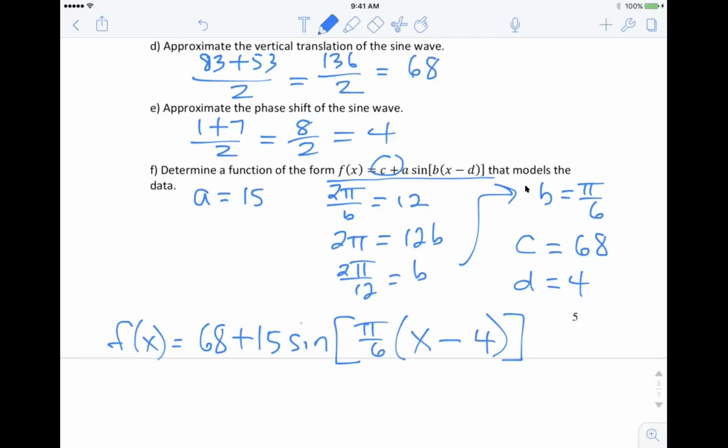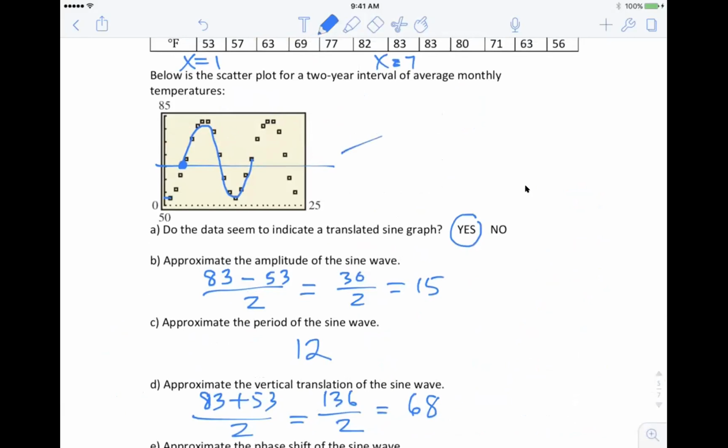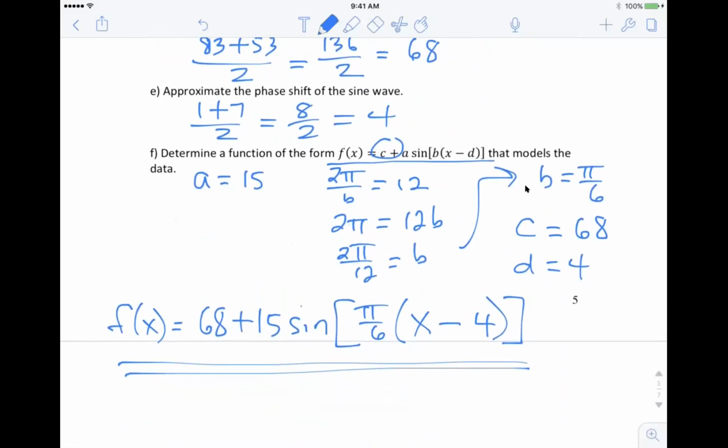That's the end. And this would do a very good job of modeling the data. If you went and used a graphing tool and graphed this, it would look like this model here. You could play around with your graphing calculator if you have one and try that. Graphing calculator not required for this class, but if you want to try that out, go for it.